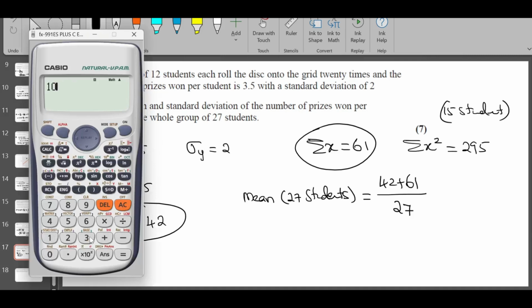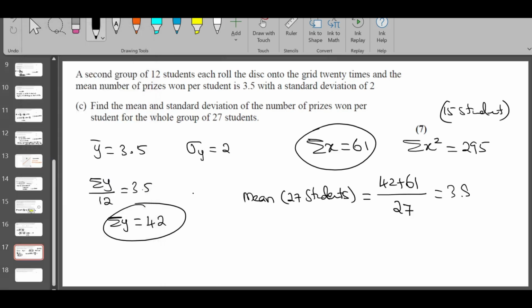That's going to be 103 over 27, 3.814 dot dot. So when you round it, it's 3.81.